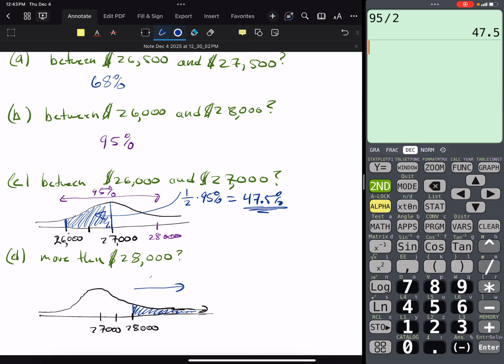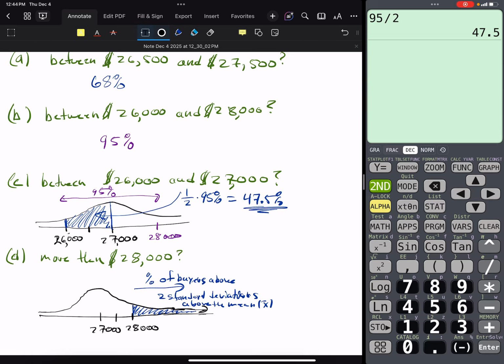So the percentage of buyers above 2 standard deviations above the mean. Okay, well, I'm going to use the same logic, the same concept here that I did last time.